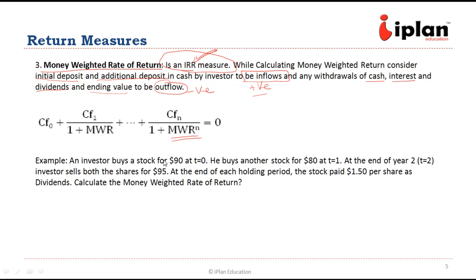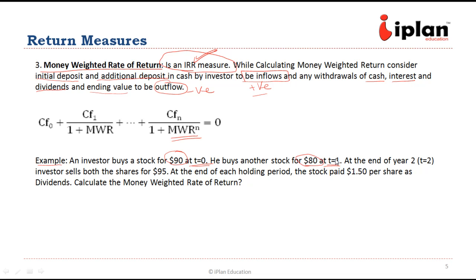Let me explain with the help of this example. An investor buys a stock for $90 in the starting of the period, t equal to 0. He buys another stock for $80 at t equal to 1, that is the end of first year.